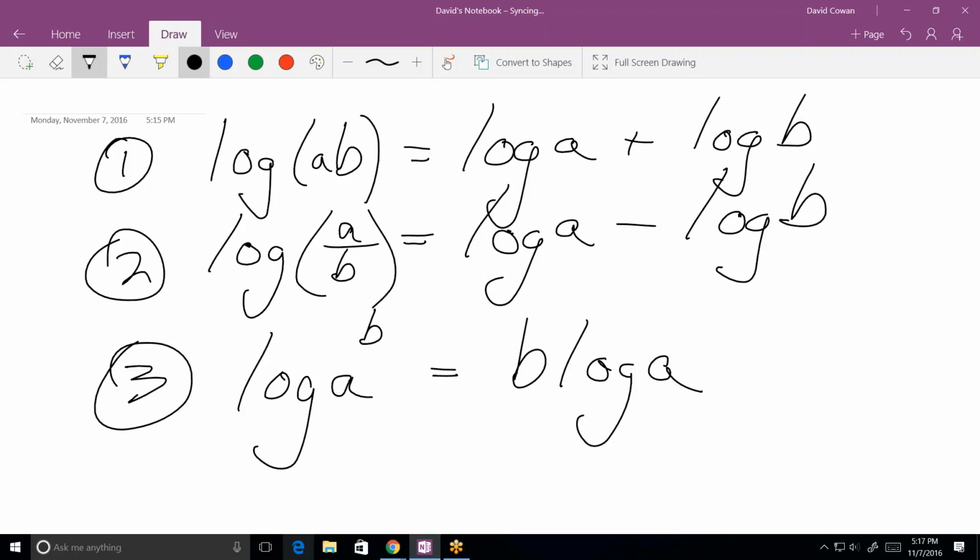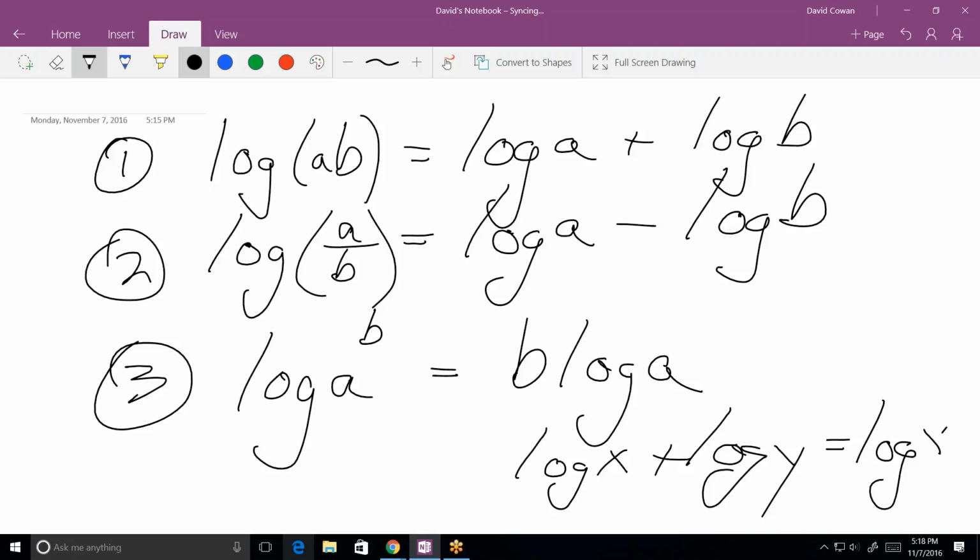In other words, if I said, what's the log of x plus the log of y? Well, that's the same as the log of x times y. That would be condensing. Expanding would be if I gave you the log of xy, you'd separate it into the log of x plus the log of y.